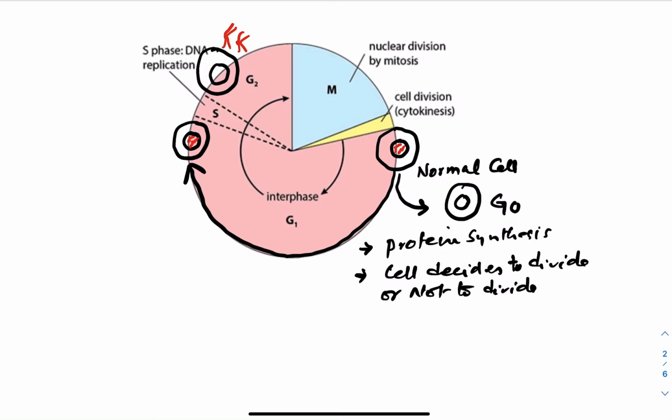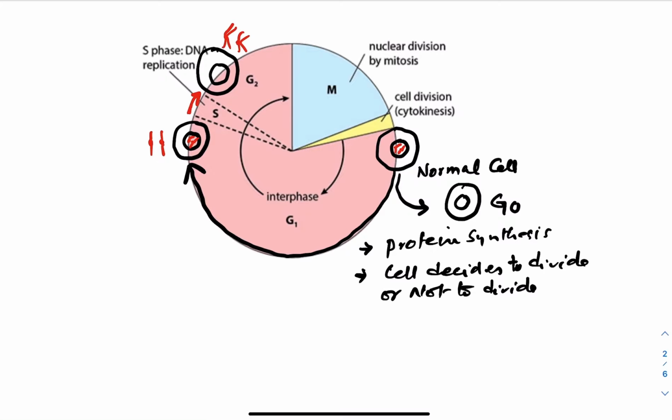Before S phase, each chromosome has only 1 chromatid. So there are 4 chromatids at the end of S phase or in the beginning of G2 phase. So replication of DNA takes place in an S phase.